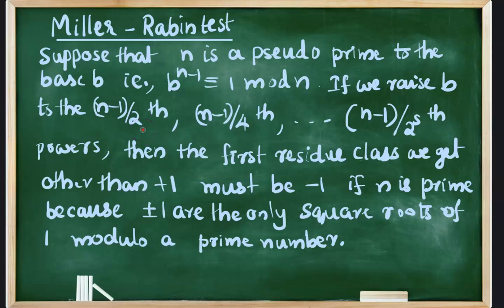If it is again plus 1, then we can consider the square root of that number, which is b raised to n minus 1 by 4, which will be either plus or minus 1 again. Proceeding like this, the first residue class we get other than plus 1 must be minus 1 if n is a prime number. This fact can be used to test whether n is a prime.